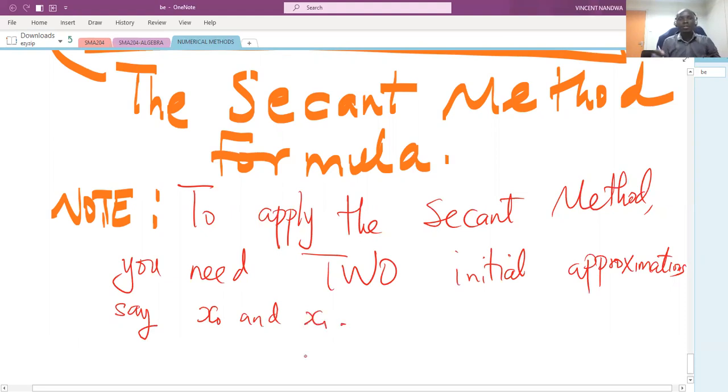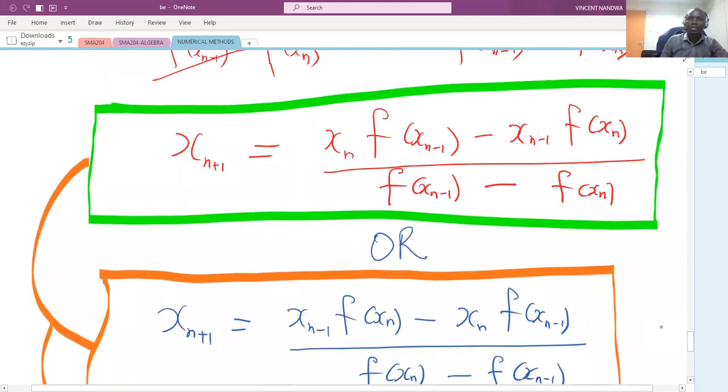Unlike the other method where the initial value is just one value, this one you only apply if you have the first two initial approximations. So that is the derivation of the formula. In the next video, we'll do an example on how to apply this formula.